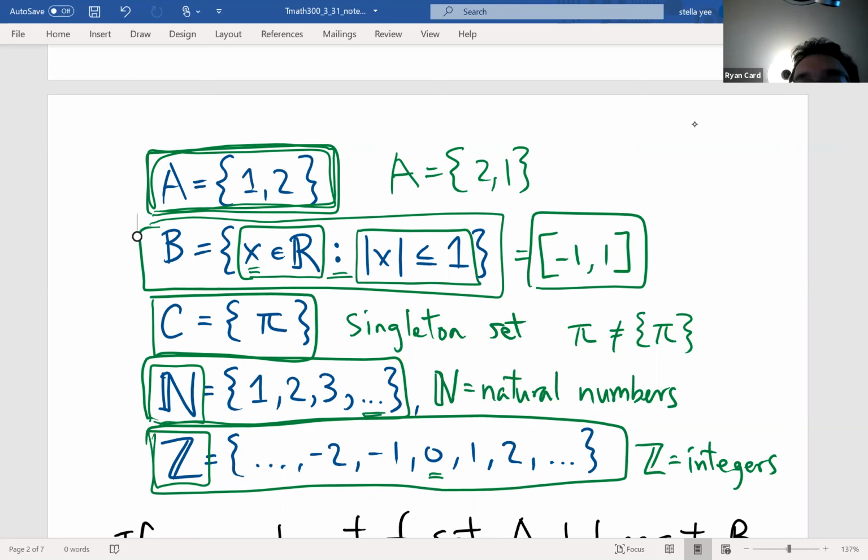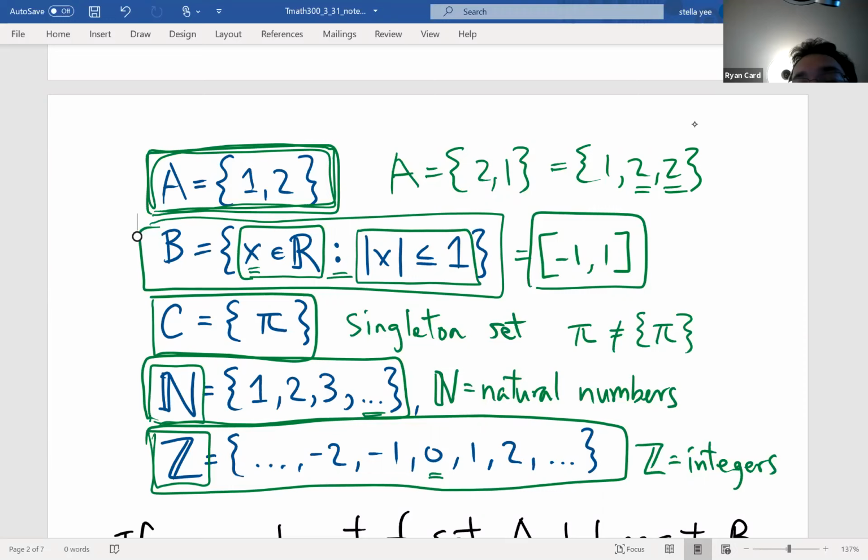Also, repetition is not a thing in a set, so it either contains the member or it does not. So if I write a set 1, 2, 2, me repeating the membership of 2 does not really matter, right?